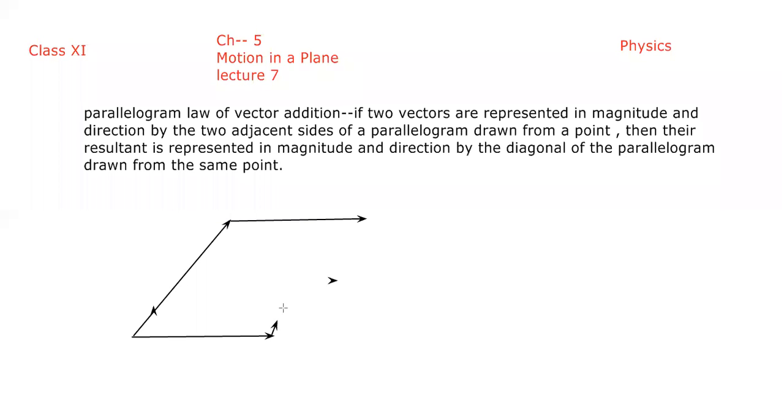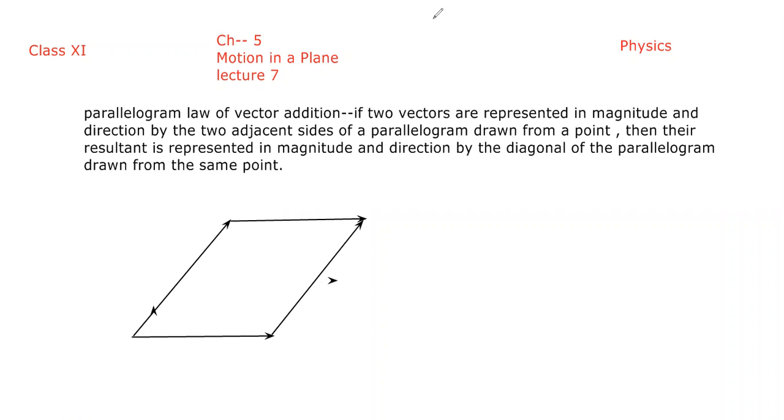First we complete this parallelogram. Here are two diagonals. One diagonal is this and the other diagonal is this. So which diagonal are they talking about? This is the important line. What is the resultant?